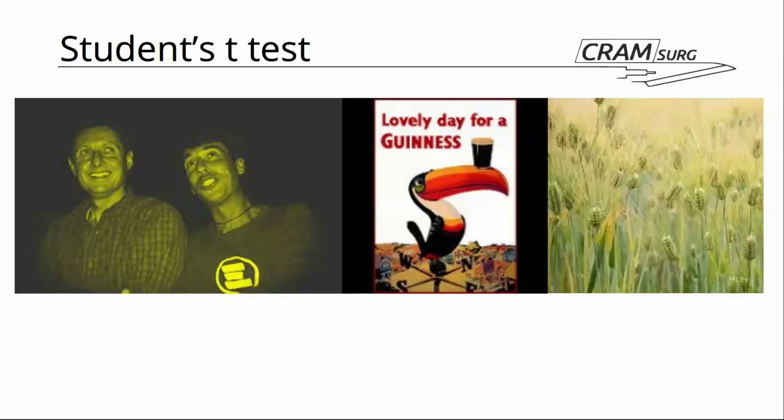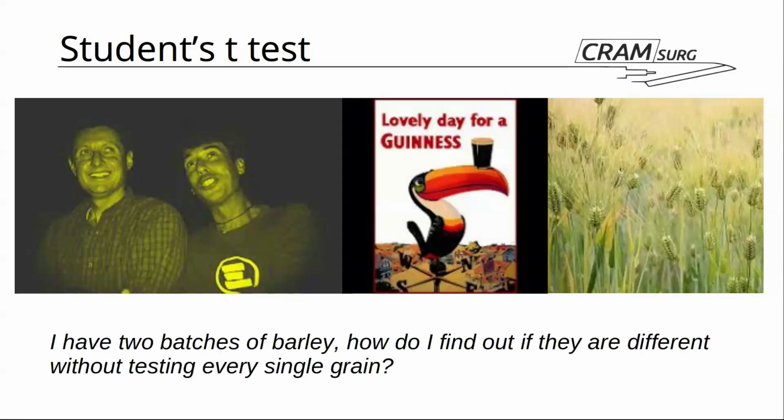It has to do with barley quality testing and making sure that the beer that comes out of your factory is of good quality, which we all know is very important. The question people at Guinness were asking themselves was: I have two batches of barley, how do I find out if they are different without testing every single grain?